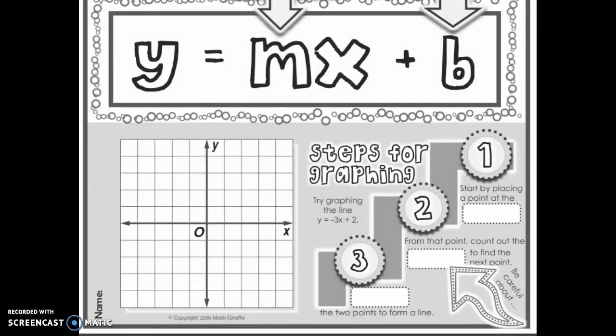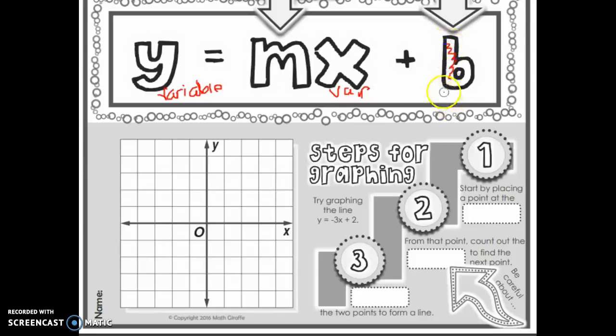On the bottom part, we're going to continue on. I just want to remind you of a few things. Y is always going to be a variable in these problems, and so is X, so write VAR. The B stands alone.